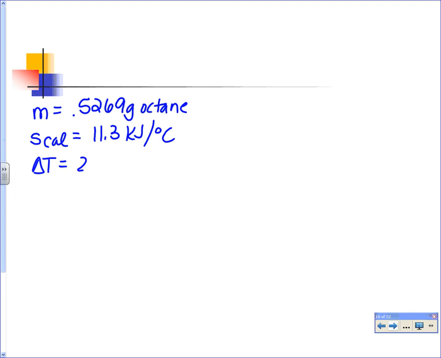It changed by 2.25 degrees Celsius. And they want to know what is the Q for this sample. And they gave us a really specific unit. They want to know in kilojoules per gram. Well, let's start just dealing with the Q part first. Let's just get our kilojoules, and from there we'll add in that gram unit.